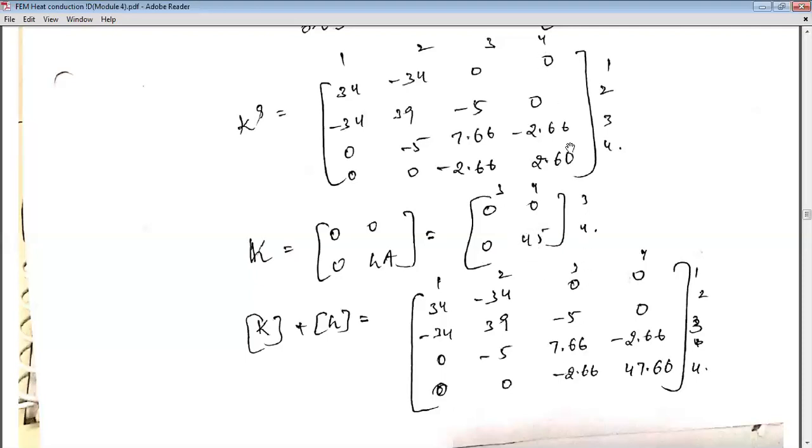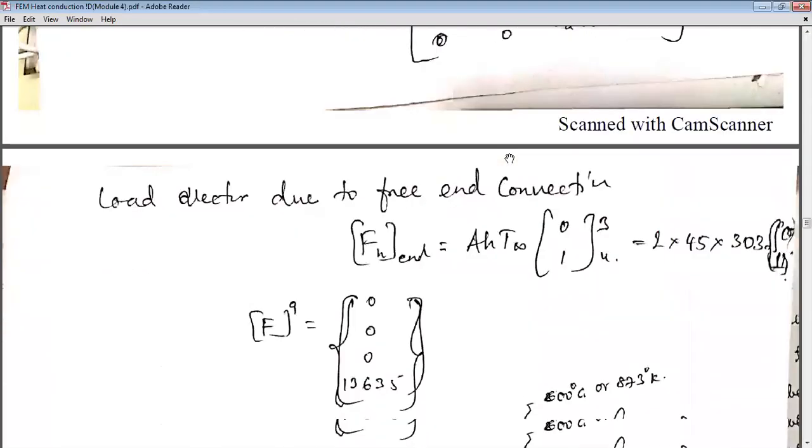So 4 of 4 here is 2.66 plus 45, and you will get 47.66. This is where you need to be careful. You will be adding this 4 of 4, 47.66. So there is a modification done using the two matrices, the K matrix and the H matrix. Once you do it, you are taking the effect of both conduction and convection in the problem.